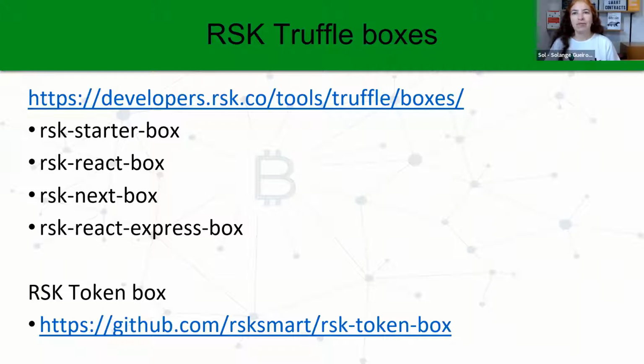We have a truffle box using React, another using Next.js, and another with two parts, React and Express, to demo how to use an API, a kind of interface where we have the client and server parts. And for today, we have the RSK token box, and you will start it in a few minutes.